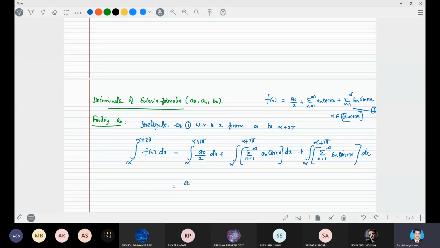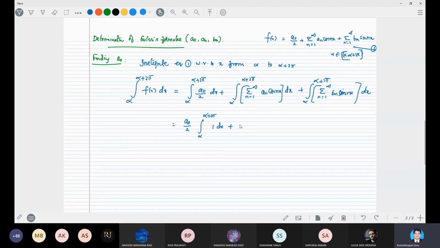Or we write it as: a0 by 2 is a constant, so the integral from alpha to alpha plus 2 pi of 1 dx, plus the sigma can be taken outside by applying Euler's formula.